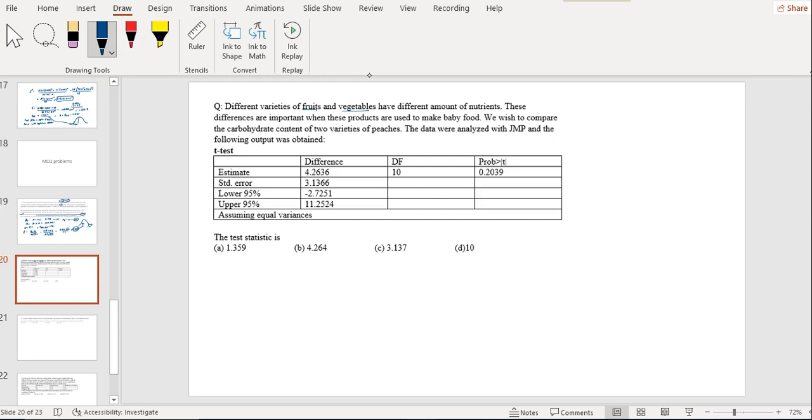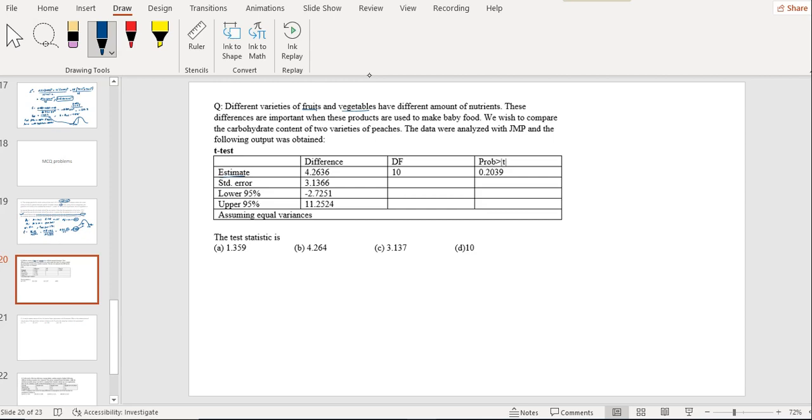So they have taken two different varieties of fruit to check the nutrients. Okay, so they have used some software to analyze the data and they have got this output.